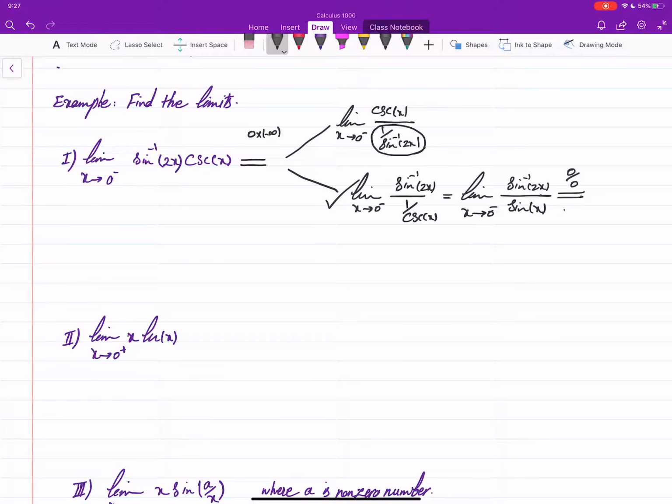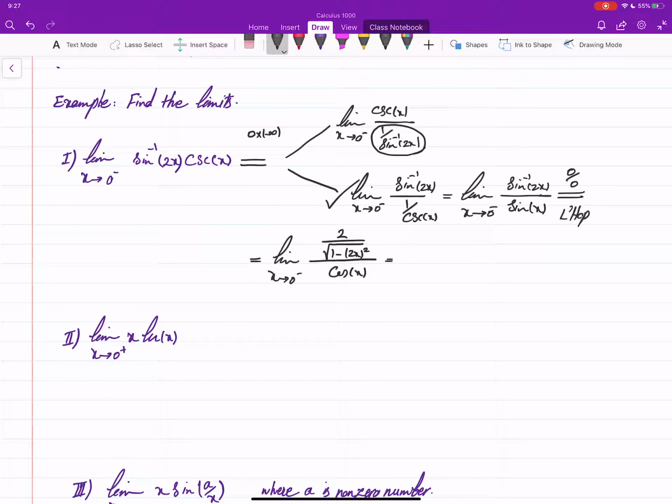Then we can use L'Hopital's rule, which gives me the limit as x goes to 0 minus of the derivative of sine inverse of 2x, which is 2 over root 1 minus 2x squared, over the derivative of sine x, which is cosine x.